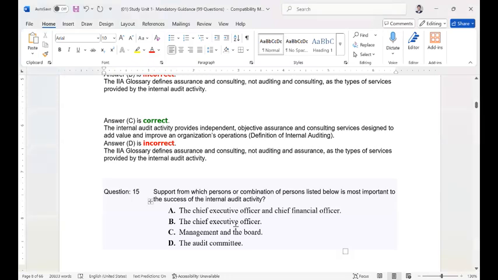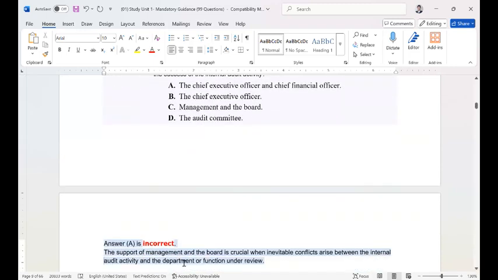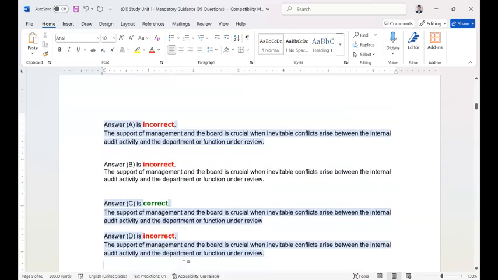I think it's D. Support from which persons is required for the success? C. I think I'm also leaning towards C because according to the definition, a dual reporting line, functionally you report to the audit committee slash board and administratively you report to the management. Why there is dual is because you need to report to the board to maintain independence and you need to report to the management to get things done. Right? So let's just see C or D. Yeah, both are important.